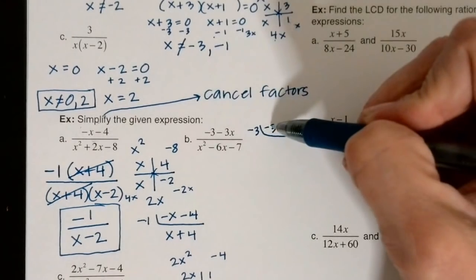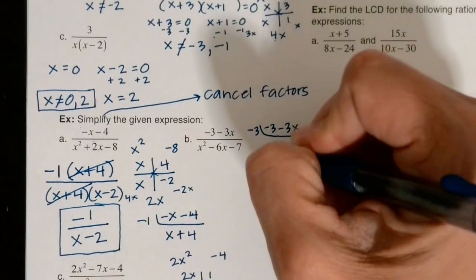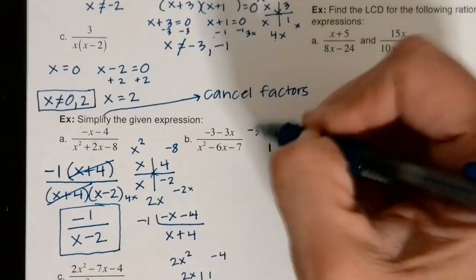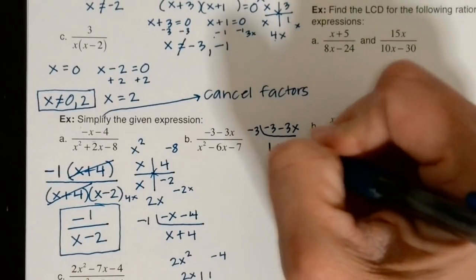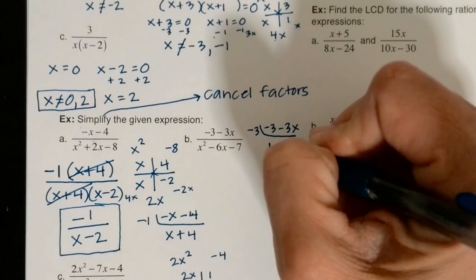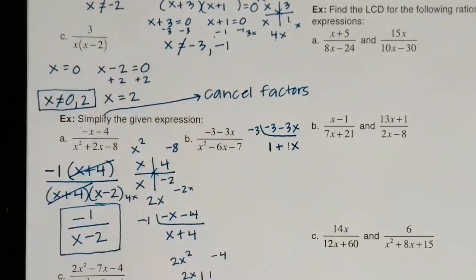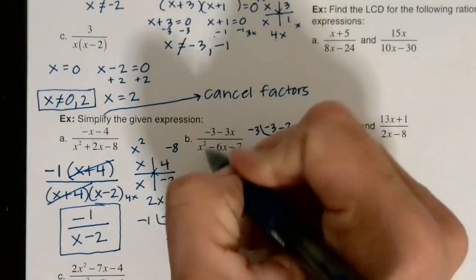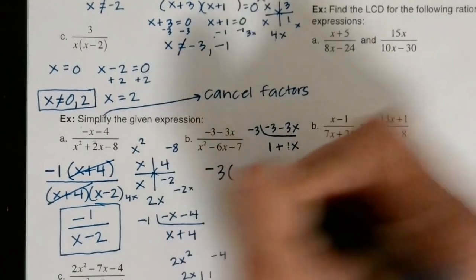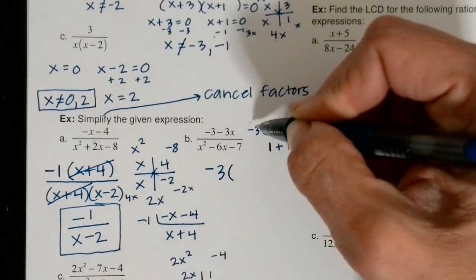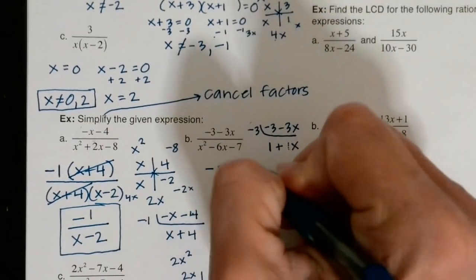Negative 3 divided by negative 3 is 1, and negative 3x divided by negative 3 is just 1x. I'm going to put a dot like that because normally you don't put the 1 in front of the x. If you want to, you can. So my numerator factors to negative 3, which is this piece from my hockey stick, times 1 plus x.